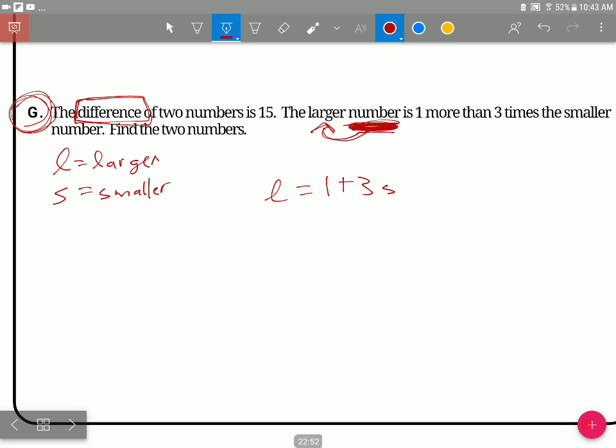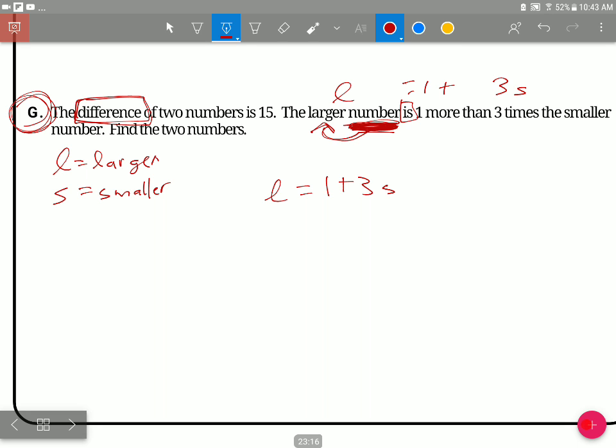L equals 1 plus 3S. That's exactly right. Because it's the larger number equals 1 more than 3 times the S. That's exactly right. Good. Does anybody want to try for the other one?